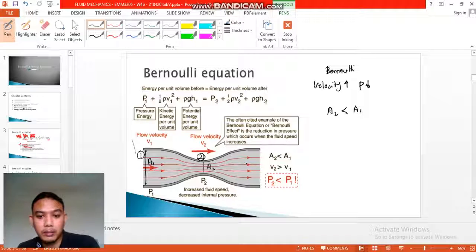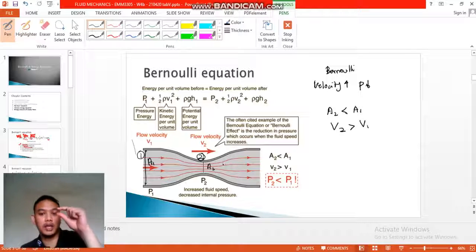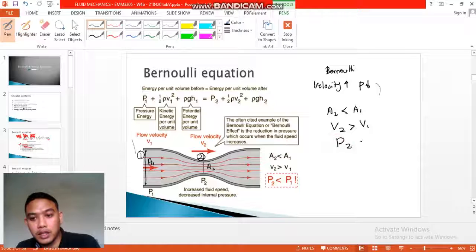So V2 is higher than V1, because the small area makes the fluid move very fast due to jet flow. As mentioned by Bernoulli, when velocity increases, pressure decreases, so the pressure at P2 is lower than P1. This is how the equation relates.